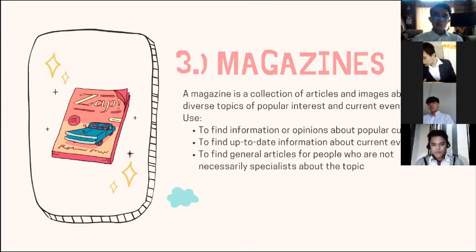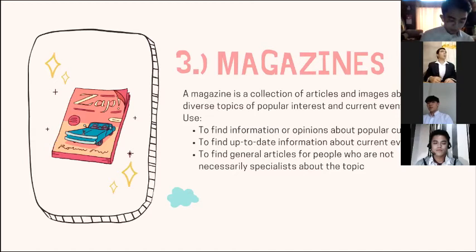So magazines are used to find information or opinions about popular culture, used to find up-to-date information about current events, used to find general articles for people who are not necessarily specialists about the topic.